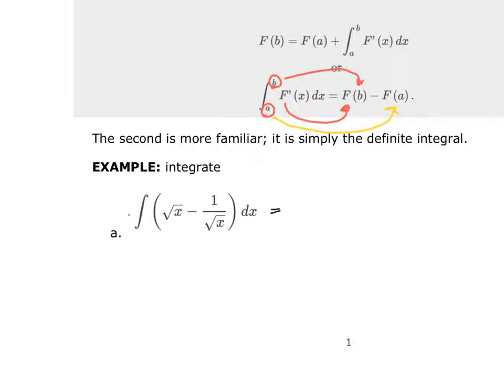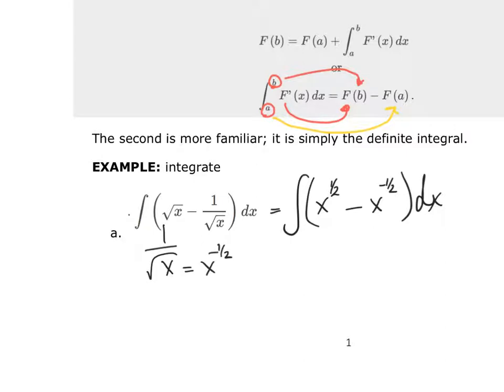So this is going to be equal to the integral of, when I see the square root of x, this is the same thing as x raised to the 1/2. Then minus, and if I have 1 over x square root of x, that's just going to make that a minus, so it's x raised to the negative 1/2 dx.